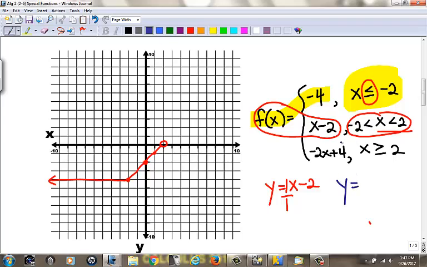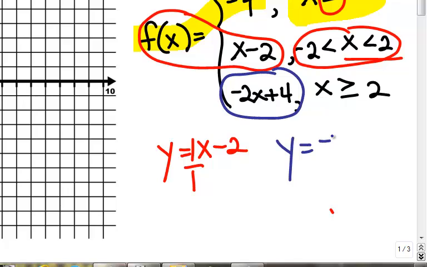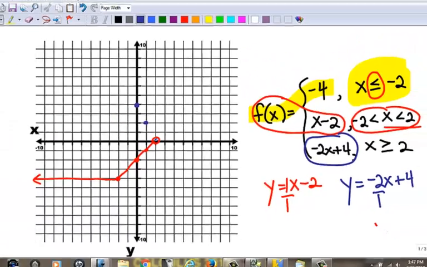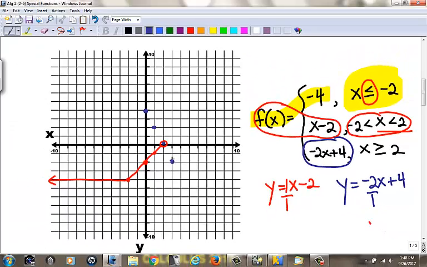Now this next part we're going to do y equals -2x plus 4. Okay, so that would go through 4 and the slope is -2 over 1. So rise over run, it goes down 2 to the right 1, down 2 to the right 1, down 2 to the right 1.